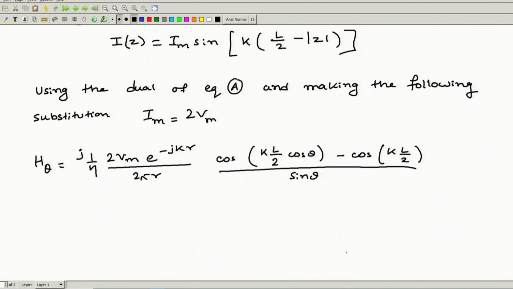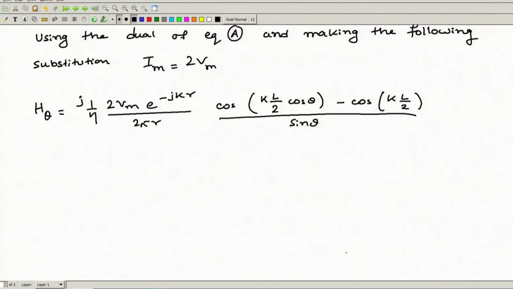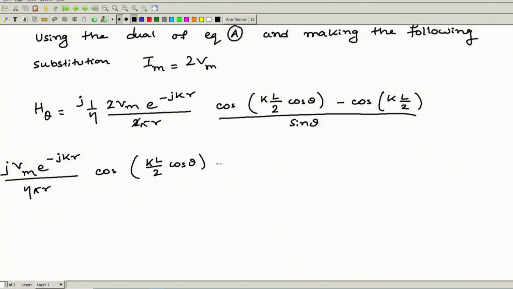Thus this 2 will cancel out. We can write j Vm e to the power minus j k r upon eta pi r, cos of (k l by 2 cos theta) minus cos of (k l by 2), upon sin theta, and this is equal to H theta.